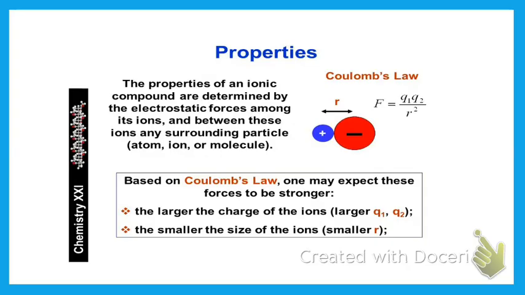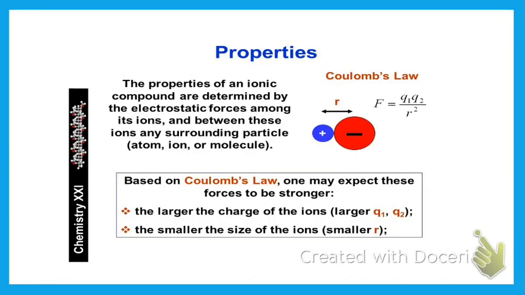And then Coulomb's law is very much a factor for ionic compounds. It says it on your notes, but it doesn't have this pretty picture for you that I found when I was making the PowerPoint. What Coulomb's law says is we want to look at charge and size to determine which is going to have a higher electrostatic or Coulombic attraction.